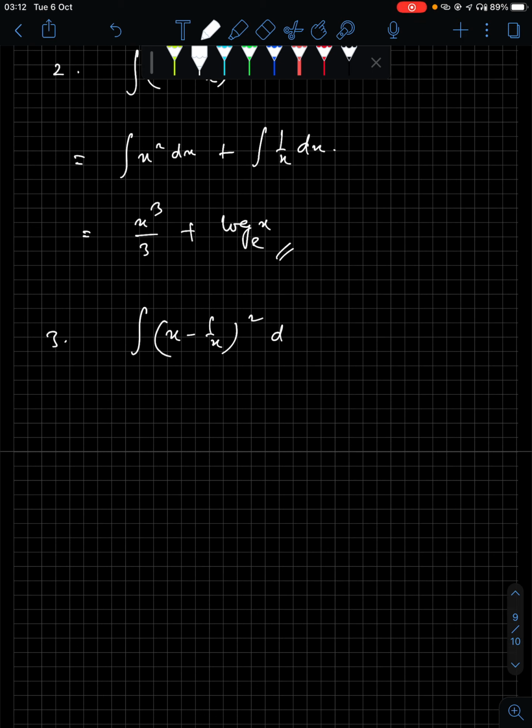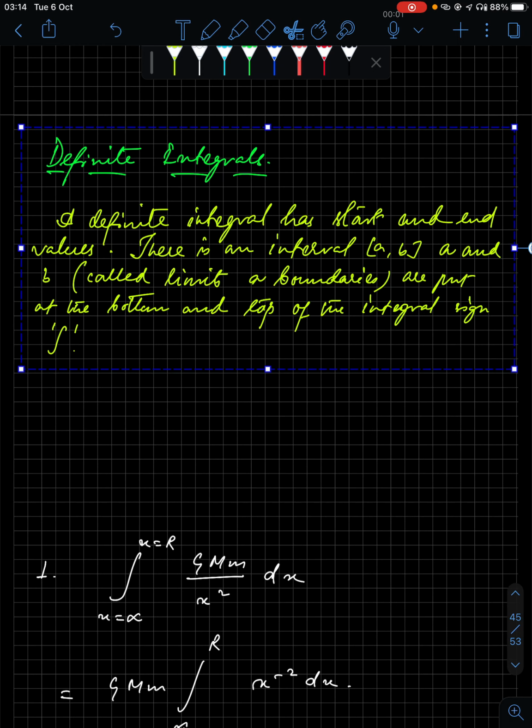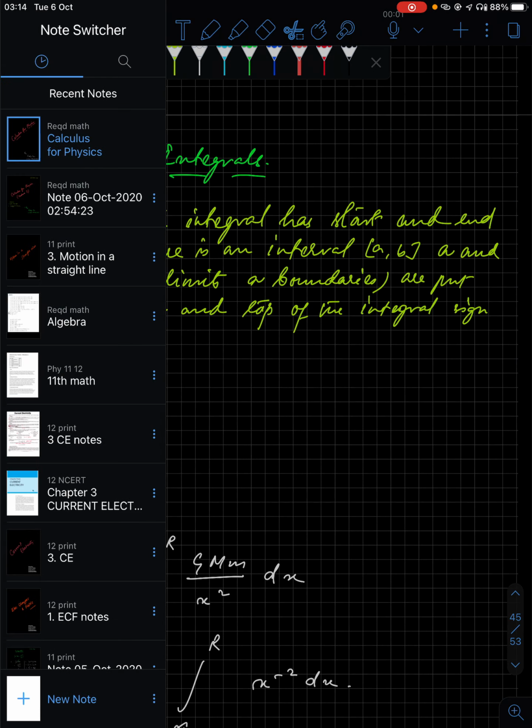So we have definite integrals now. Okay, I have to copy this part only, the definition.